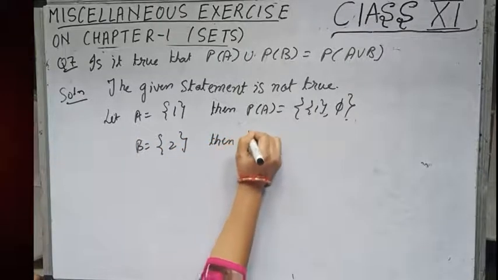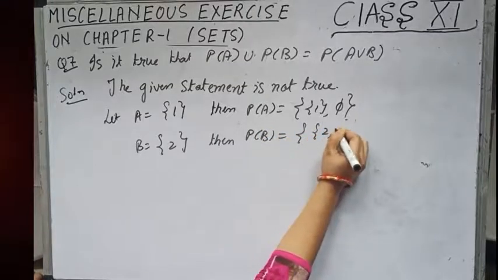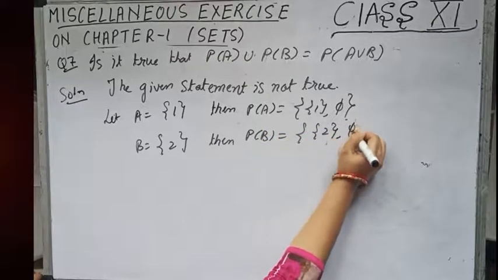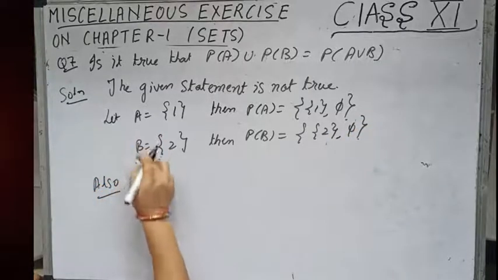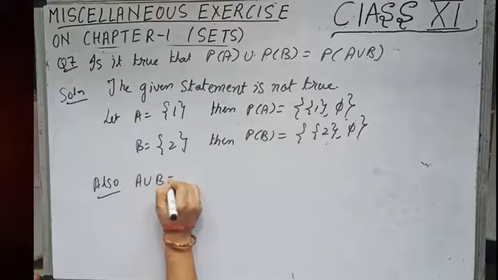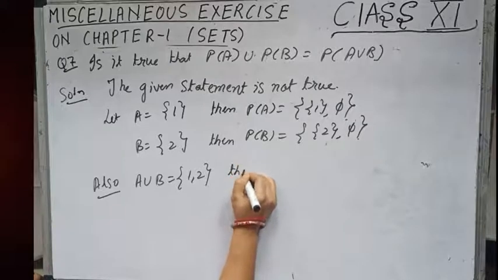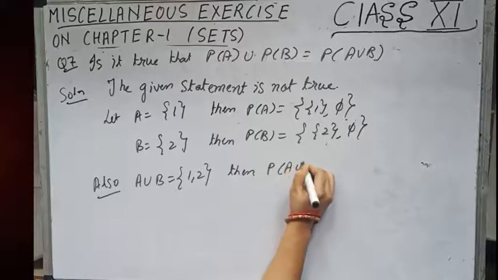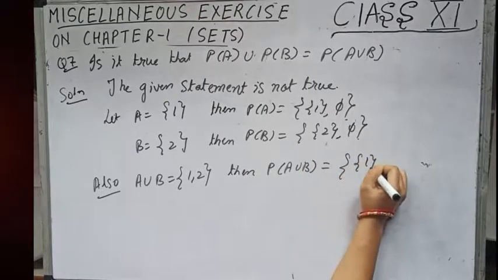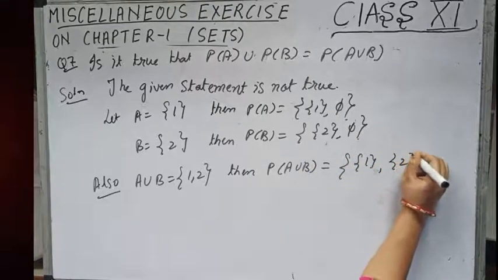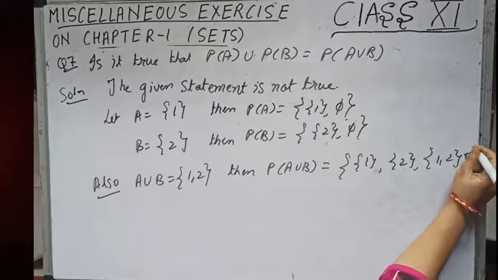Then power set of B will be the set containing {2} and the empty set. Also A union B equals the set containing 1, 2. Then power set of A union B equals the set containing {1}, {2}, {1, 2} and the empty set.